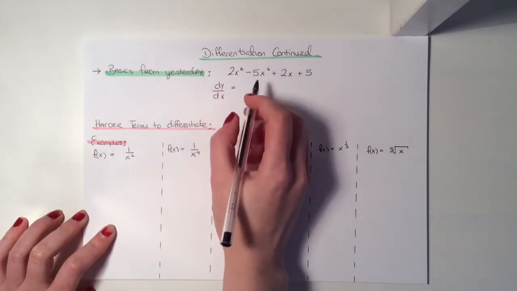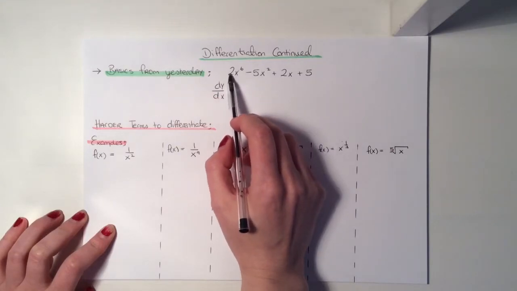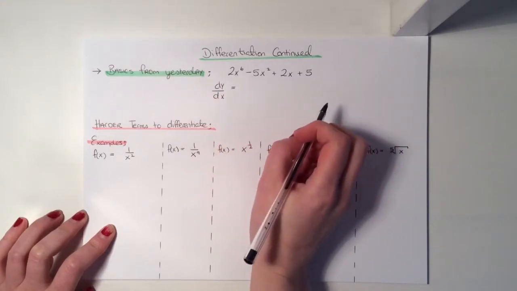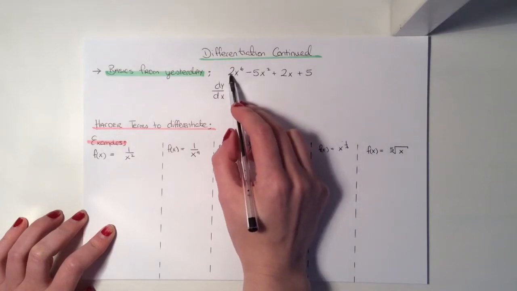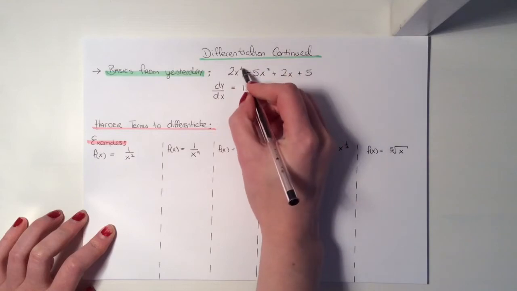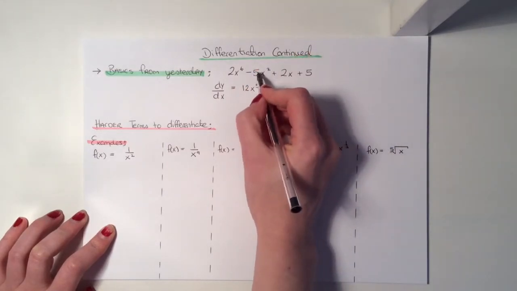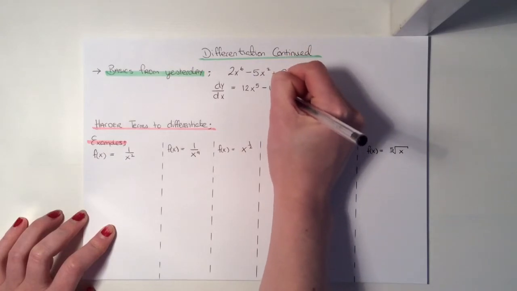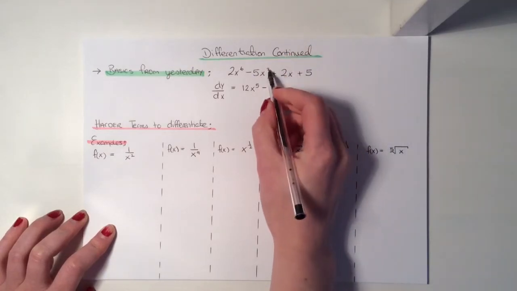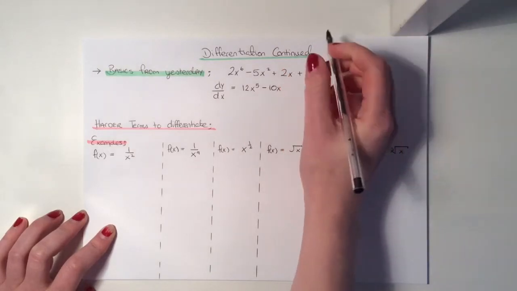Okay, so using the method we learned yesterday, power multiplied by the coefficient and then minus 1 from the power. So 6 times 2 is 12. 6 minus 1 is 5. 2 times minus 5 is minus 10. 2 minus 1 is 1. Now, you don't have to write the 1 there, we usually don't.